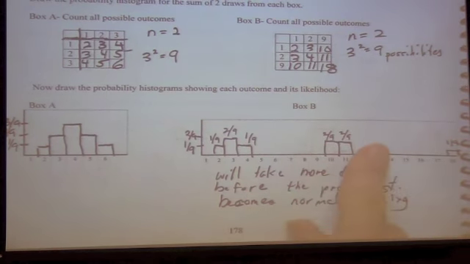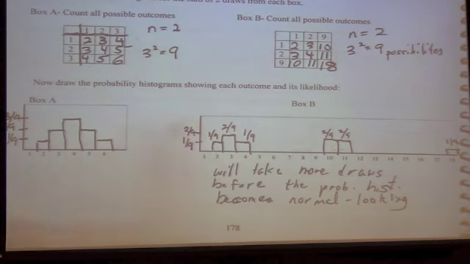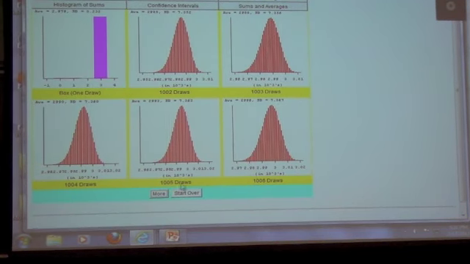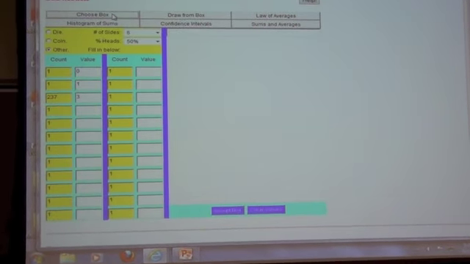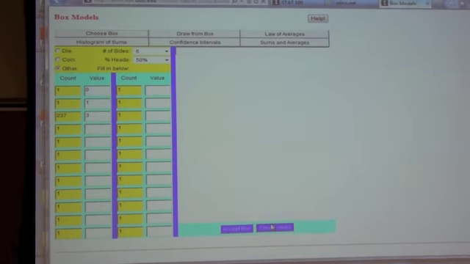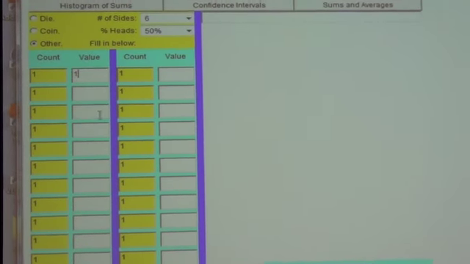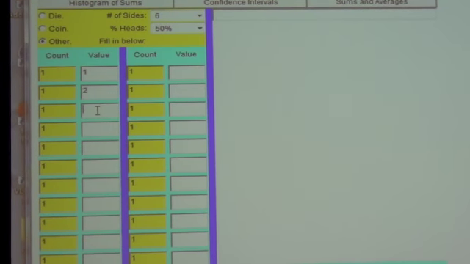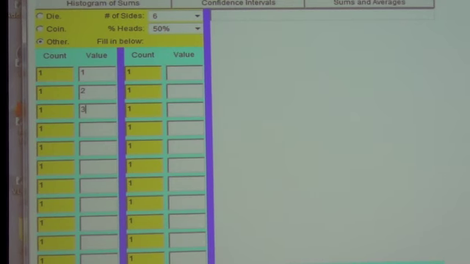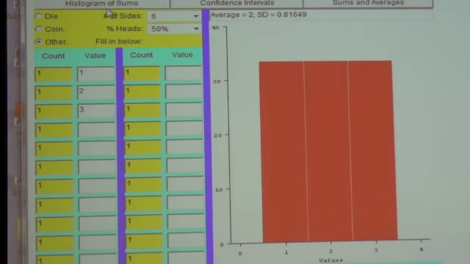Let's see how long it takes for this one to get normal as opposed to this one, okay? So let's go back to the PC, and we can choose a box. Our first box was, we can look at that one, we had 1, 1, 2, and 1, 3. We accept the box, and this one's going to get normal really fast. Watch.